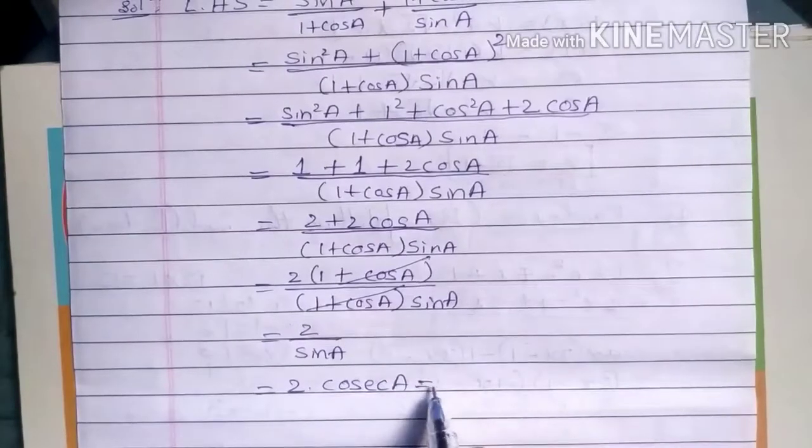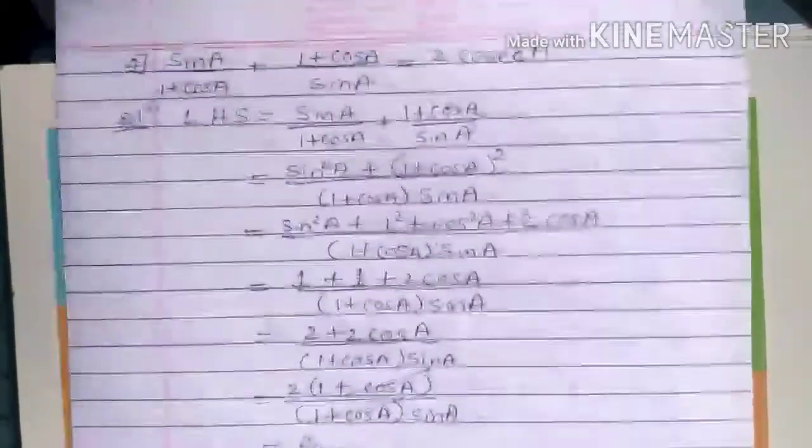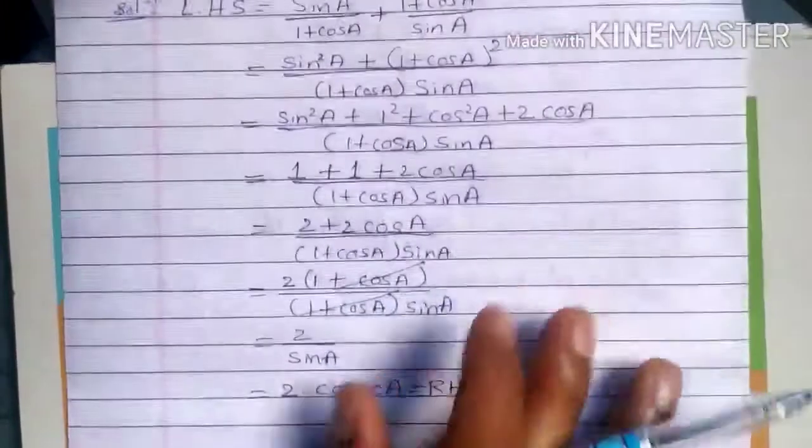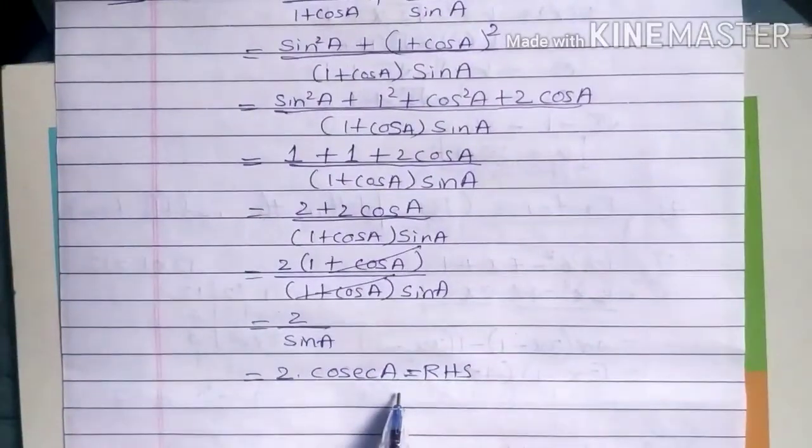So that is equal to RHS, the required answer: 2 cosec A. Final answer is 2 cosec A.